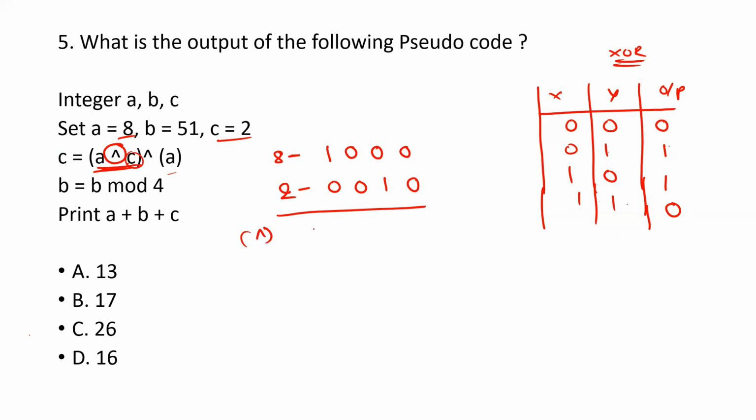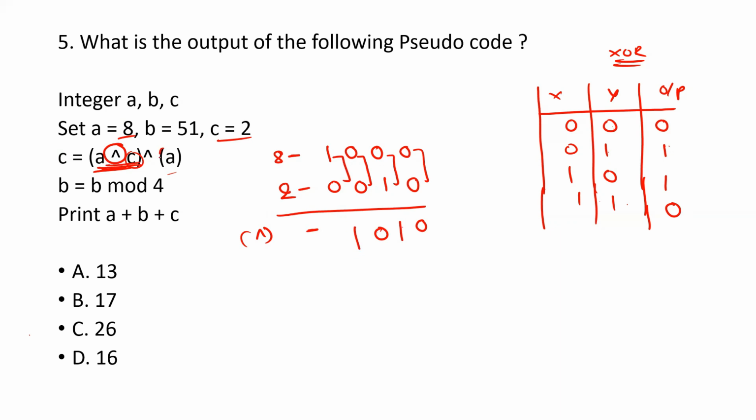So 0 and 0, both are the same, so you'll get 0. 0 and 1, both are different, you will get 1. 0 and 0, both are the same, you will get 0. 1 and 0, both are different, so you will get 1. So the result is 0, 0, 1, 1, 0, 1, 0, 1.